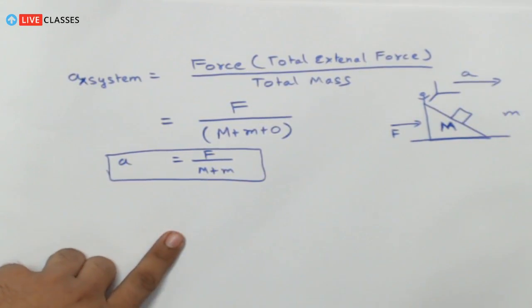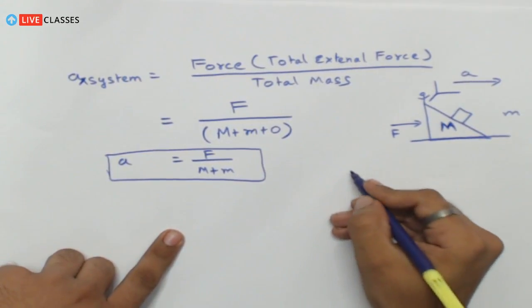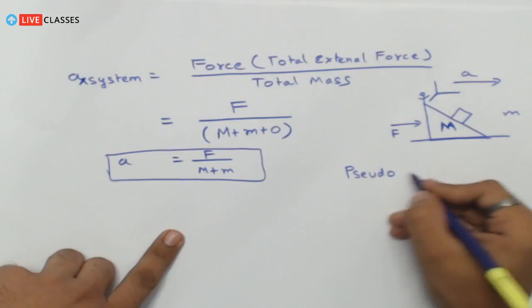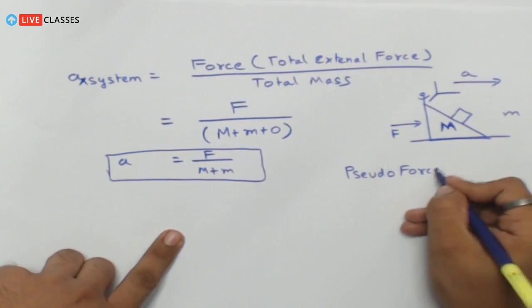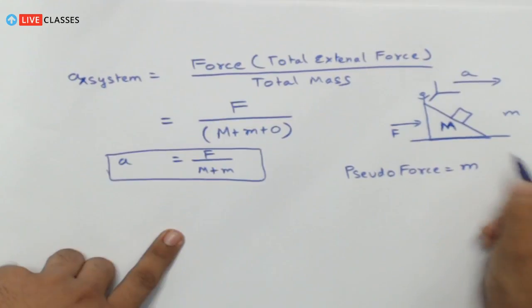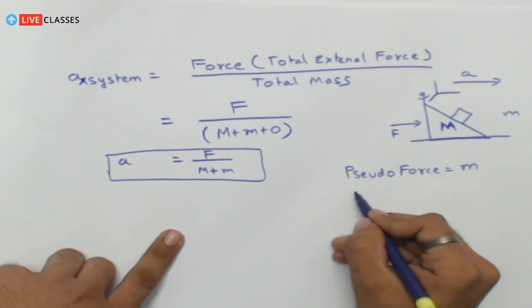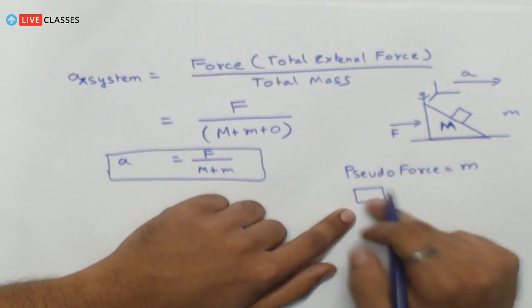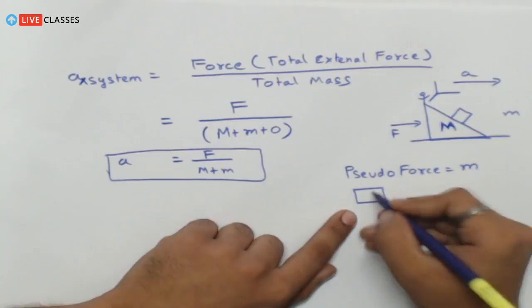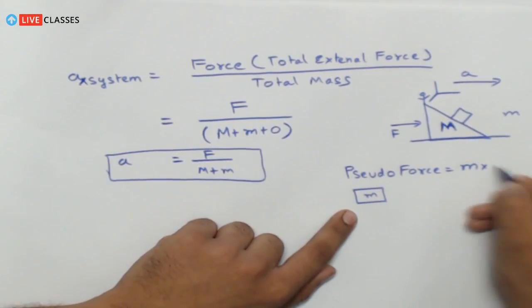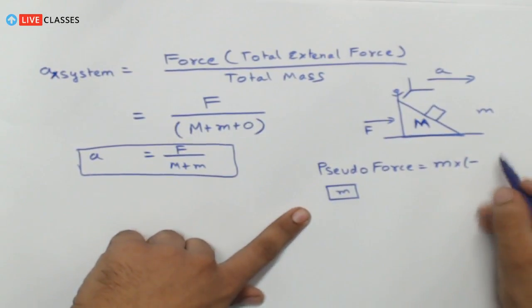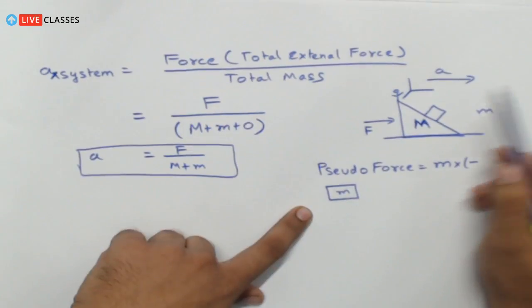So now we have to calculate the pseudo force acting on this block. So what is pseudo force? As I told you, the pseudo force, here acting on the block, is equal to the mass of that object, that is the mass of the block, small m, times, remember, the negative of the acceleration of the frame of reference.